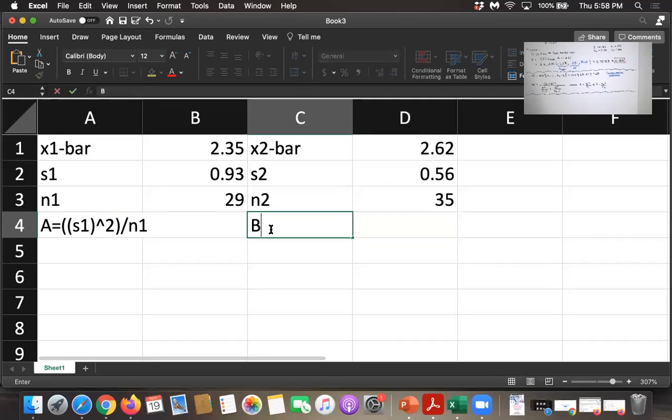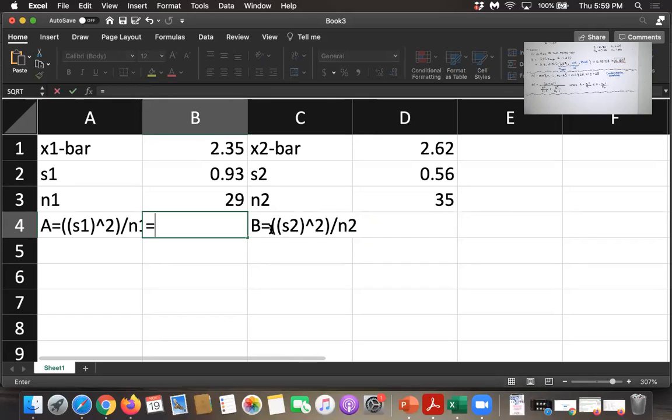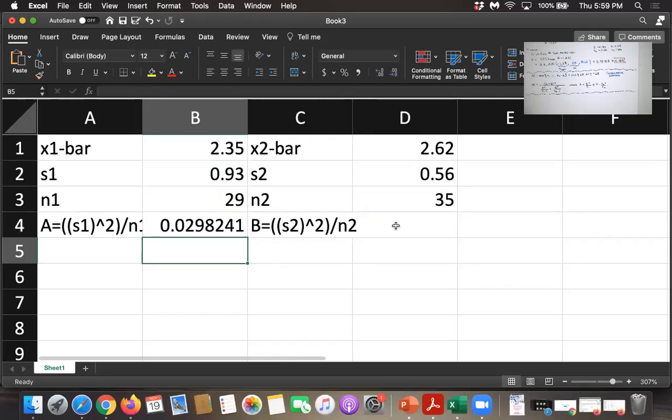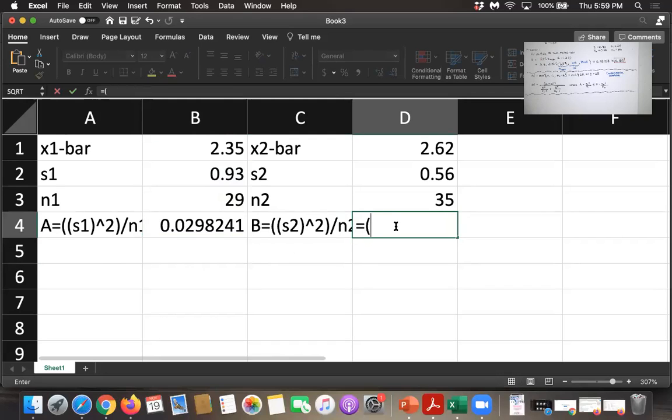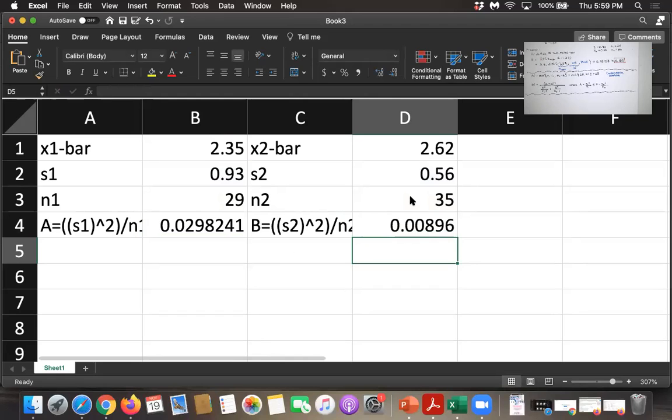And B is equal to S sub 2 squared over N2. Well, that can be computed pretty easily, so we'll type equals S sub 1 squared. You select that cell, put some parentheses here, and then we're dividing by N1. And then here we'll do the same thing. Have S sub 2 squared, and then divide by N2. And we get that for our A and our B.